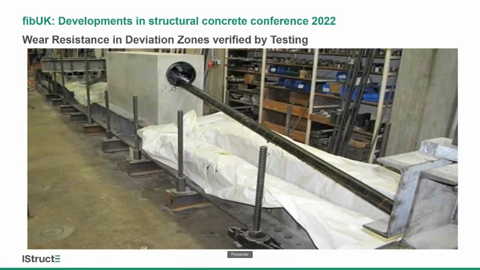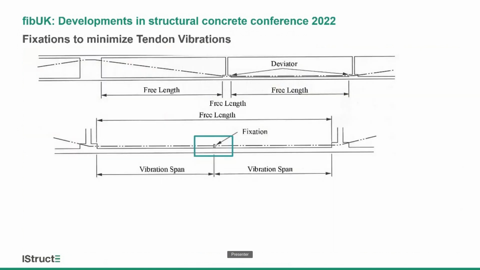You see such a deviator in a test. The purpose of this test is to prove that during the entire life cycle in this deviation zone, we have sufficient wear resistance so that the corrosion protection is not suffering over time. That is a test described in EAD 16.